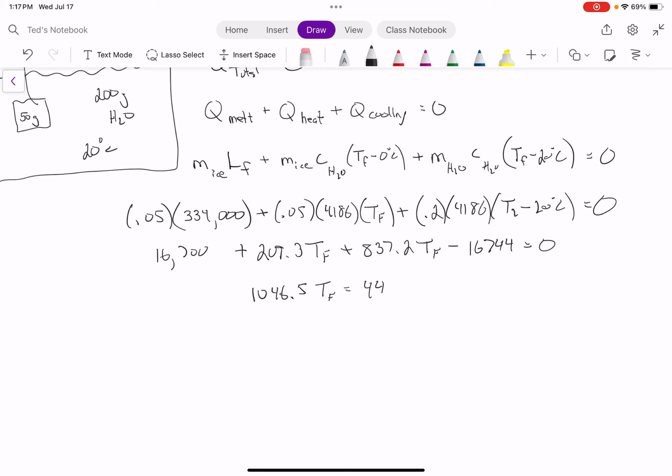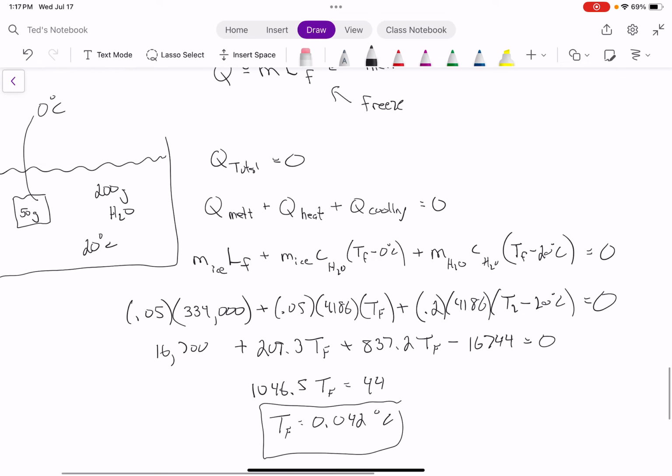So then 44 divided by 1046 says that T final is 0.042 degrees Celsius.